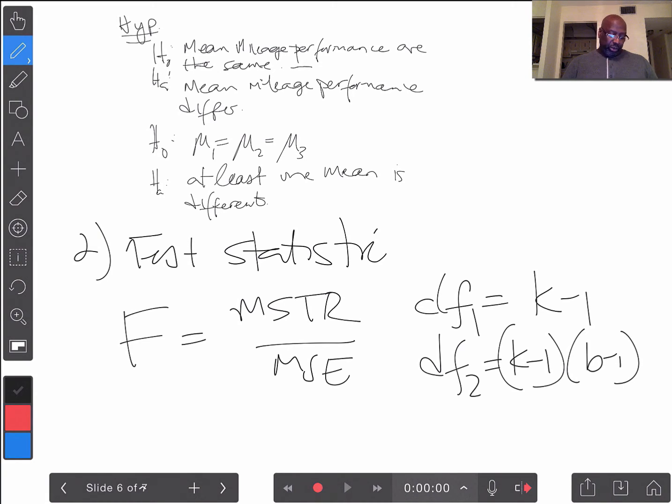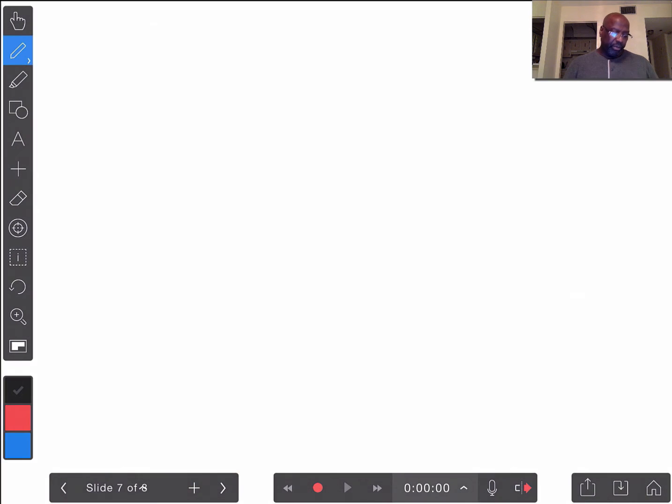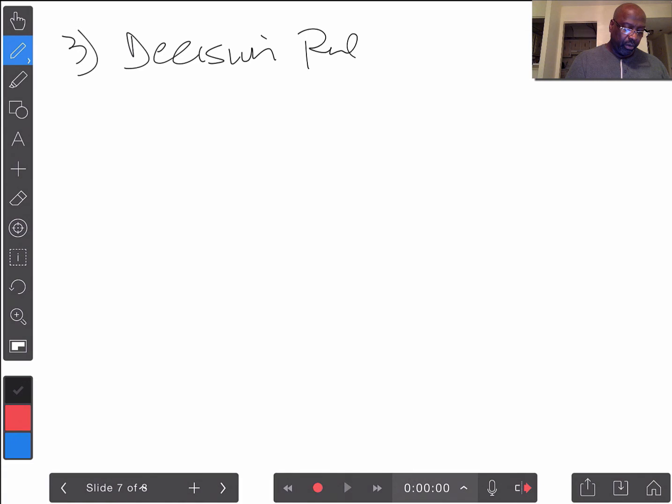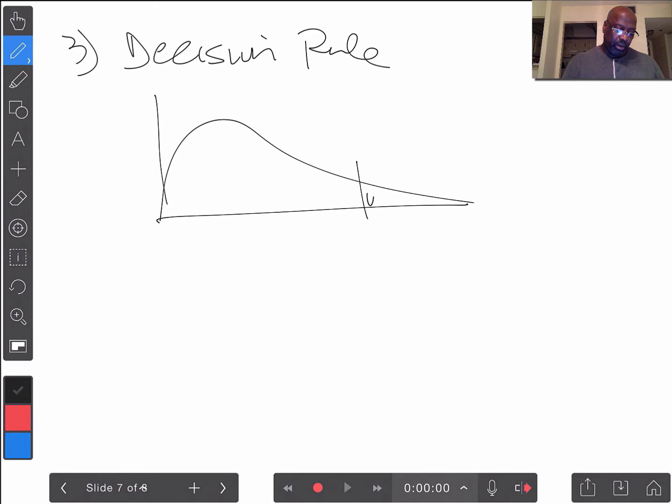Now we want to go to step 3, the decision rule. This is alpha, 0.05. We want F critical.